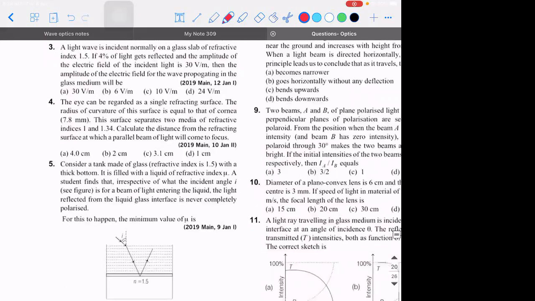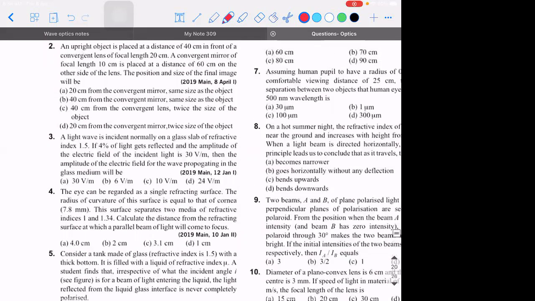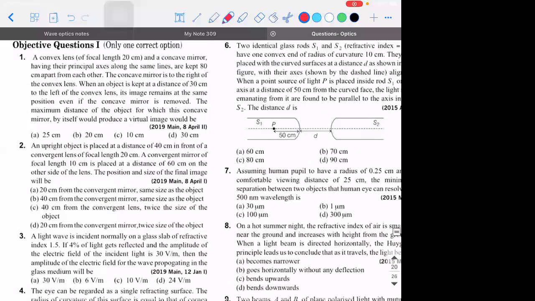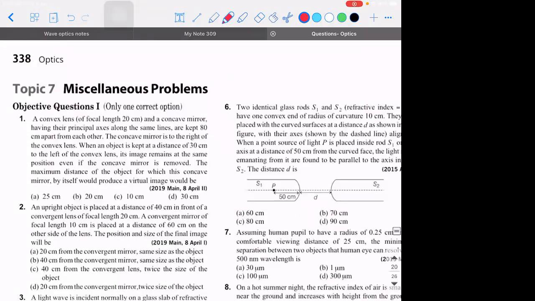Do you have the book which I gave you in your hand now? Yes. One minute. Can you take screenshots and send me some problems based on polarization?